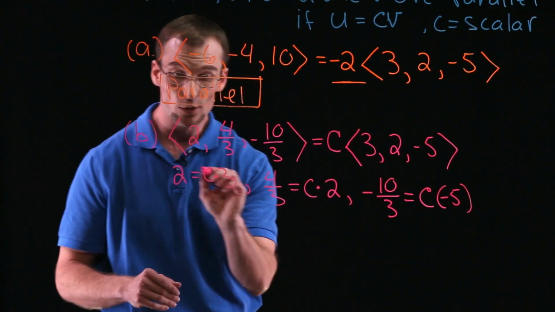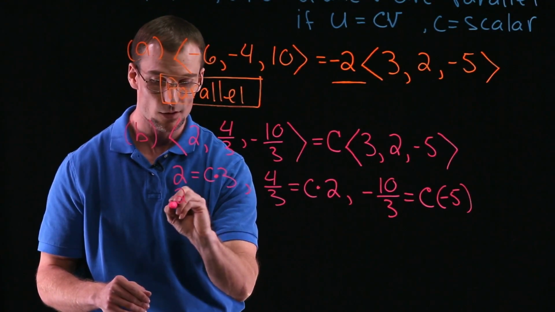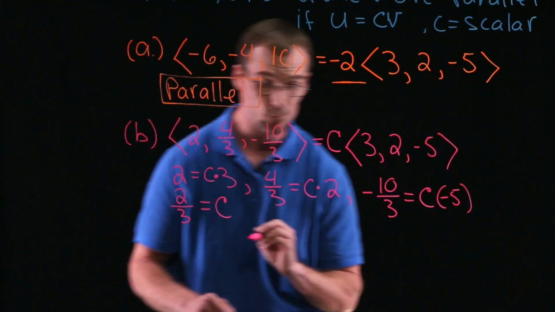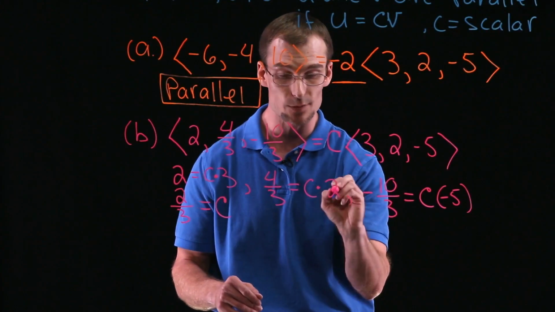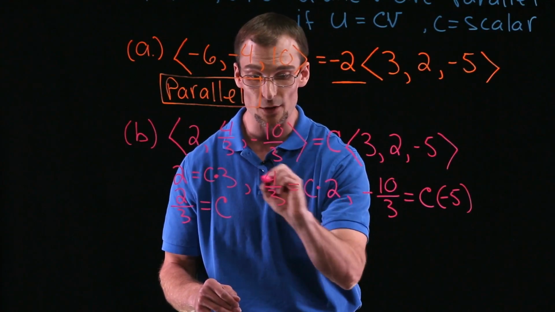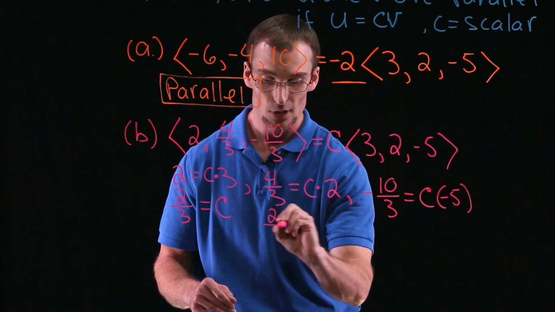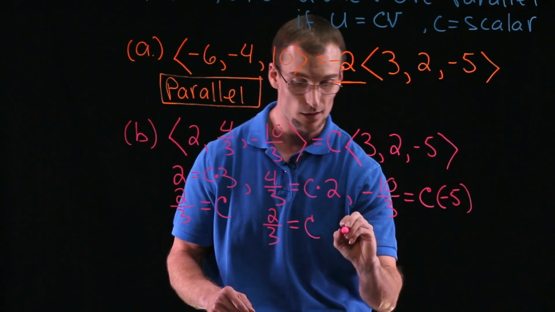So let's begin. We look at 2 equal to c times 3, divide both sides by 3. We get 2/3 is equal to c. Look at our next one, 4/3 equal to c times 2. If we divide both sides by 2, we're dividing our numerator by 2. 4 divided by 2 is going to give us 2 in the top, which again is 2/3 equals c.